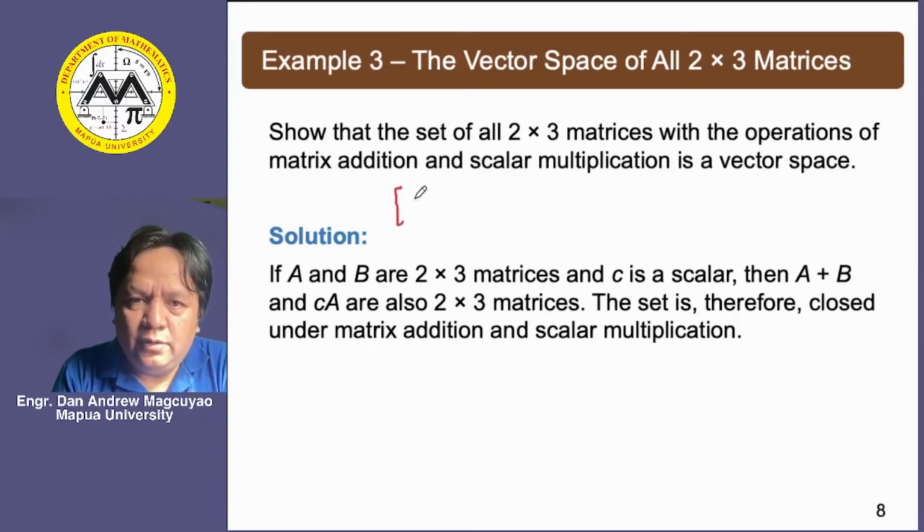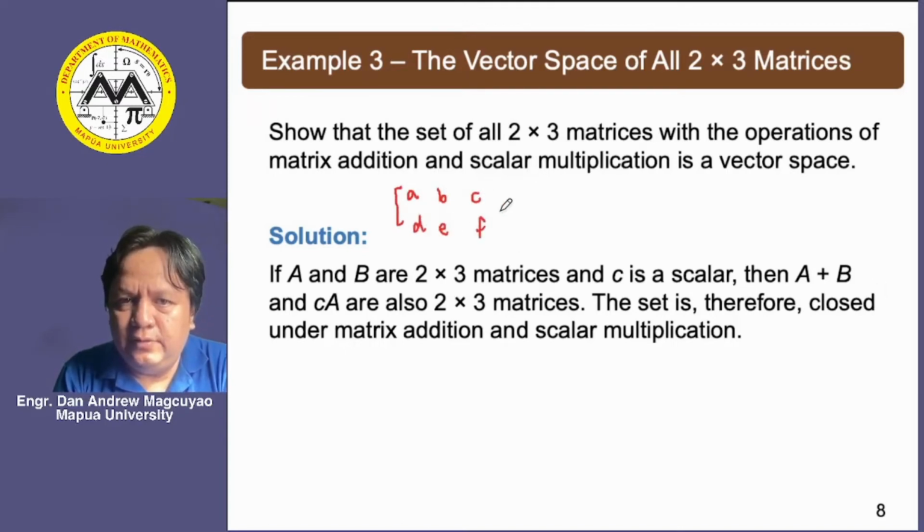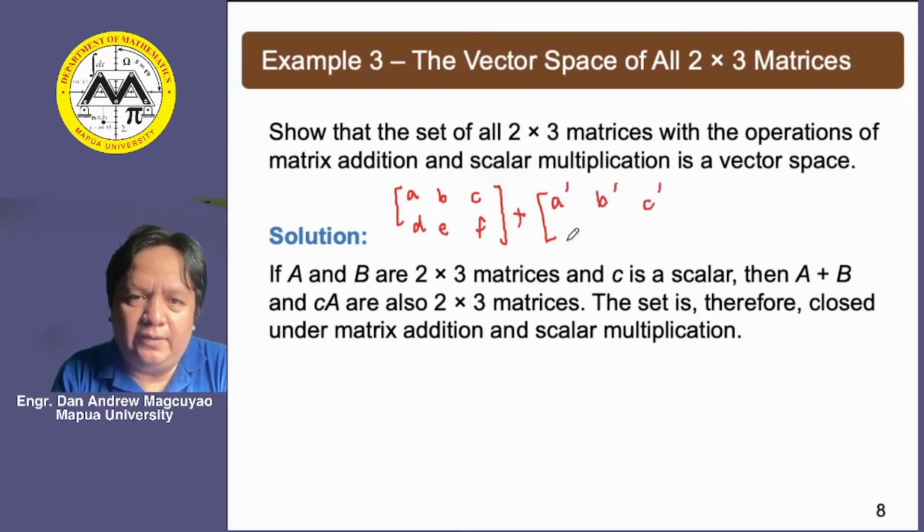So if we have a matrix with entries A, B, C, D, E, F, we add it to another matrix A prime, B prime, C prime, D prime, E prime, F prime.